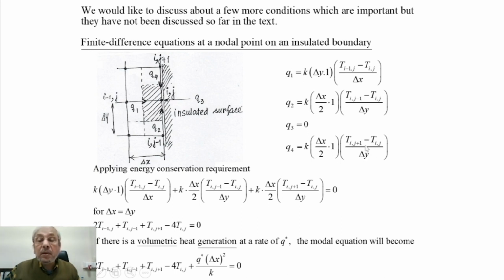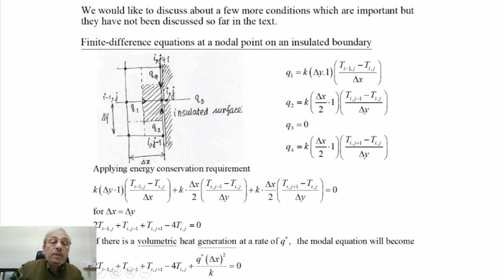This is the del T del y gradient. And then we sum up Q1, Q2, Q3, Q4, and that will be 0. We can write twice Ti minus 1j plus Tij minus 1 plus Tij plus 1 minus 4 times Tij equal to 0.